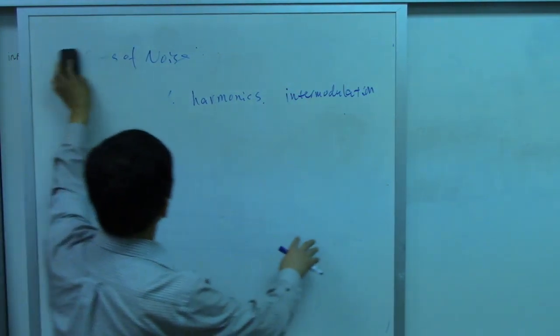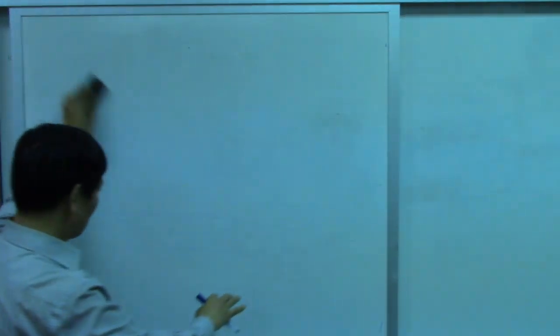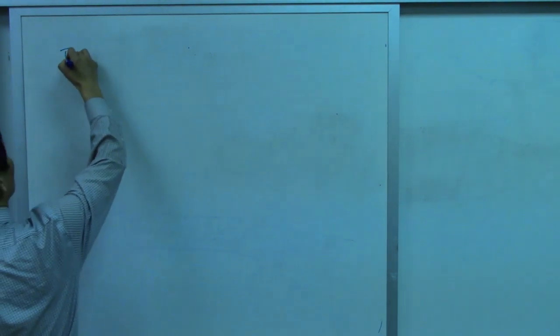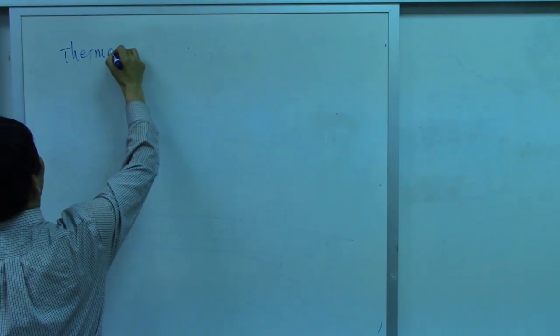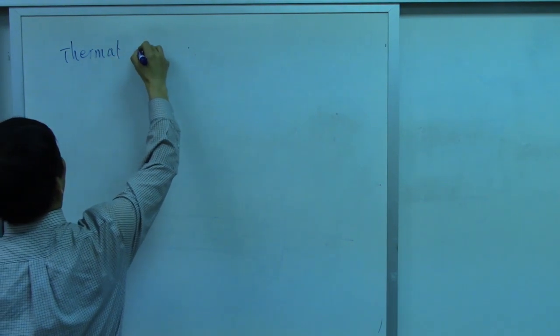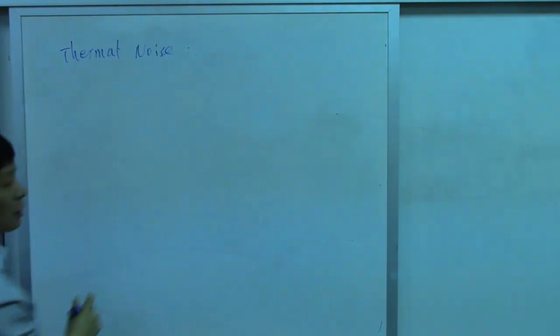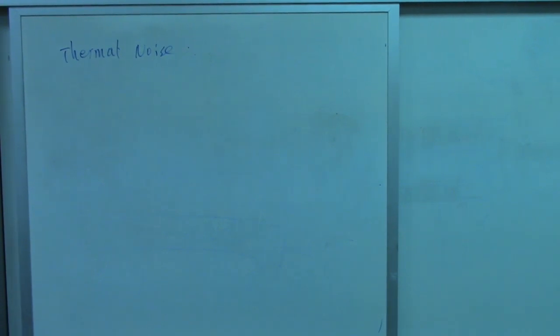Alright, next we discuss thermal noise. We have all these types of noise, but we are going to discuss in detail only one. Any communication system is working with a bandwidth and working in a temperature. So what is the thermal noise and what is the power of the thermal noise?